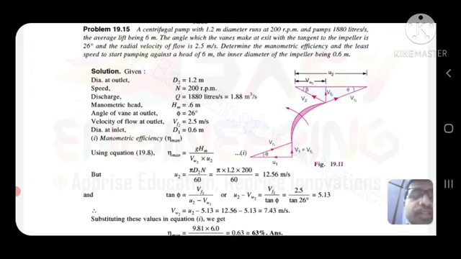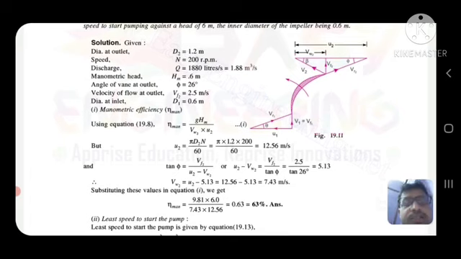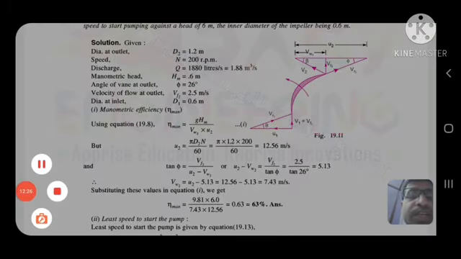So first, you have to draw the diagram. Here D2 is equal to 1.2 meter, diameter at outlet, speed is equal to 200 RPM.